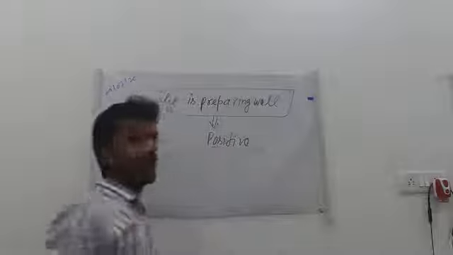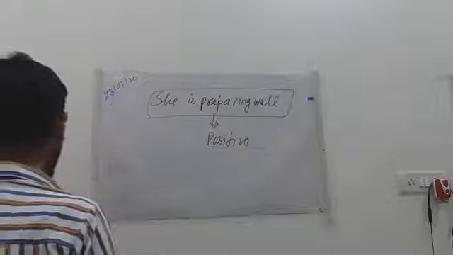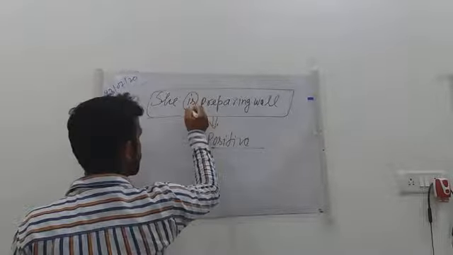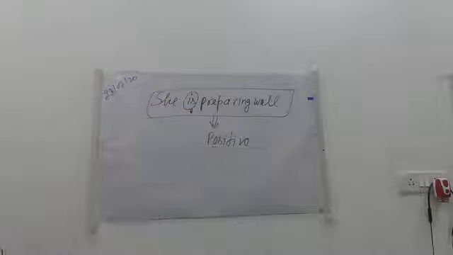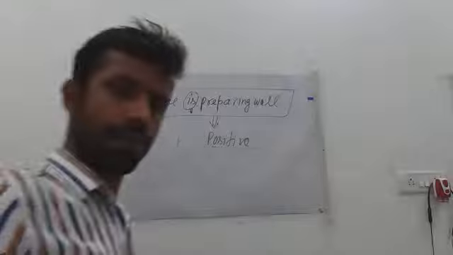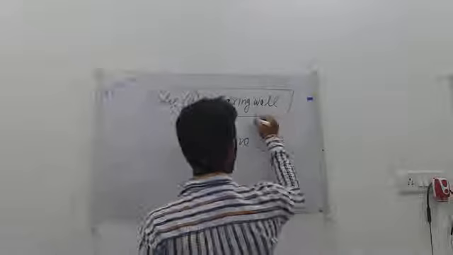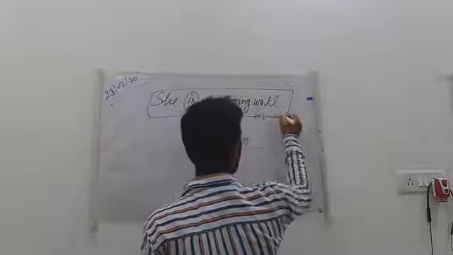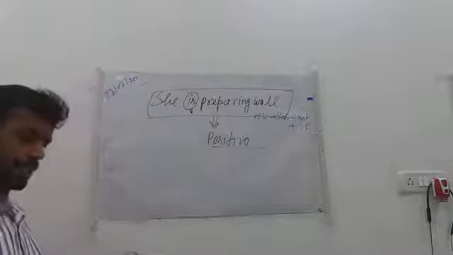If we have to convert it into a question tag, then firstly we should note down the helping verb. The formula will be helping verb, then not, then subject.